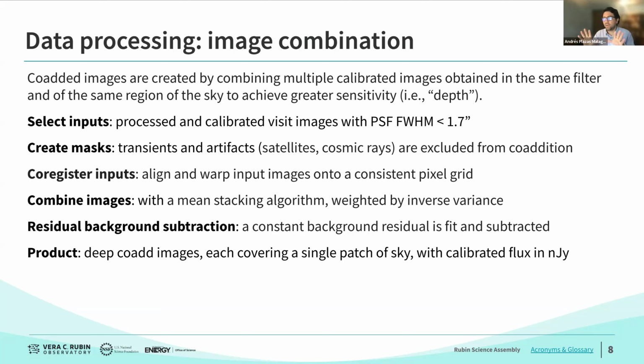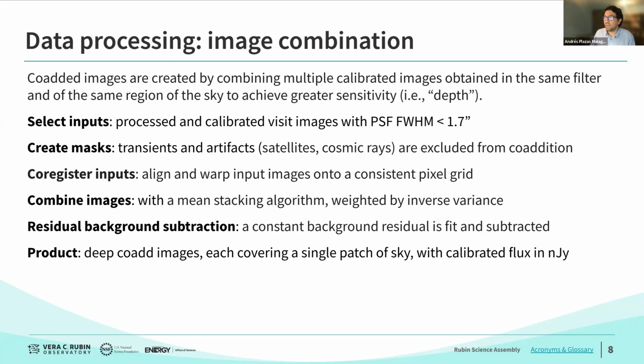We align them and then we warp them into a consistent pixel grid. Once they are aligned in this grid, we use a mean stacking algorithm that is weighted by an inverse variance map, in order to produce this combined image. We also do a residual background subtraction, which is just a subtraction of a constant background that is fit and subtracted.